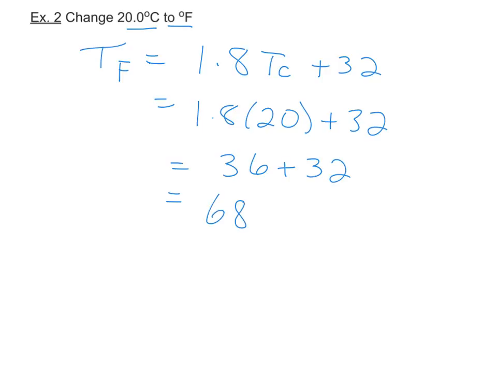And again, we have 1, 2, 3 significant digits in the question, so that means that we should have 3 significant digits in our answer, but right now we only have 1, 2, so we put in a decimal. That makes this 0 significant, and then we just throw in our degrees Fahrenheit, so 68.0 degrees Fahrenheit.